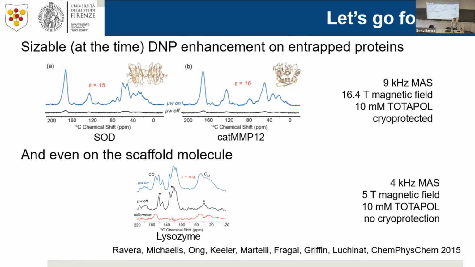But also, and this is approximately where the new story begins, we were able to observe the resonances of the scaffold molecule, which is a small polycationic protein that is lysozyme.